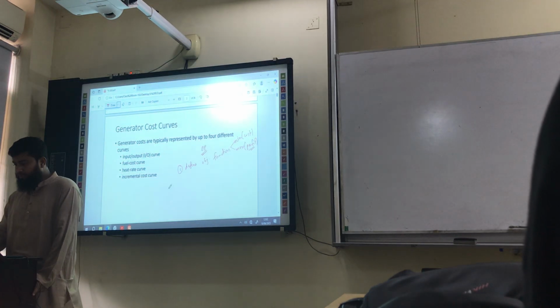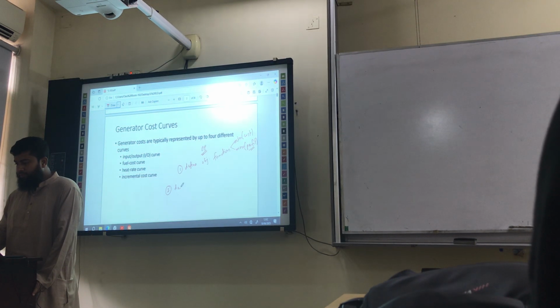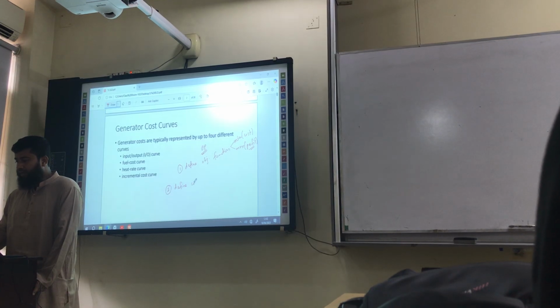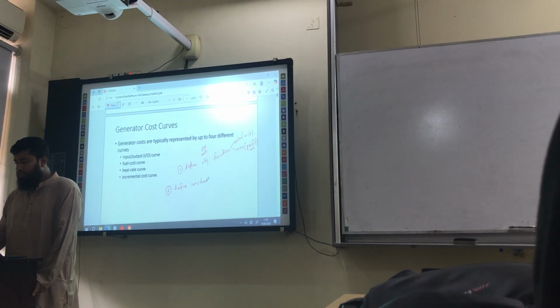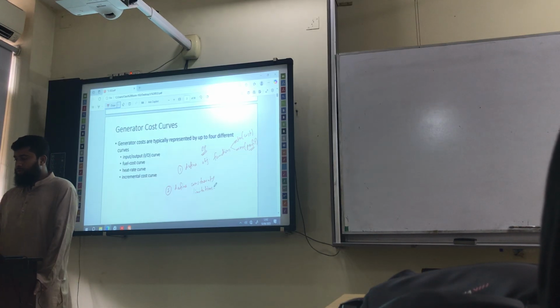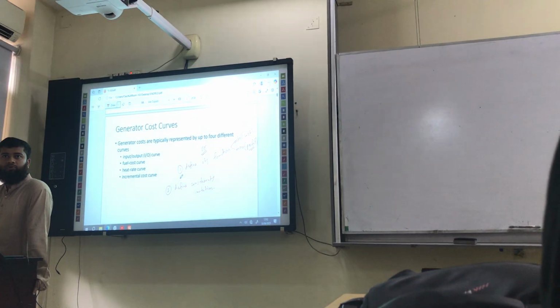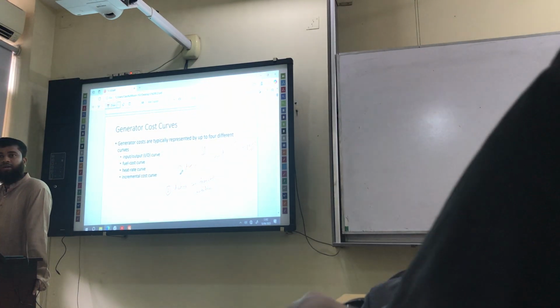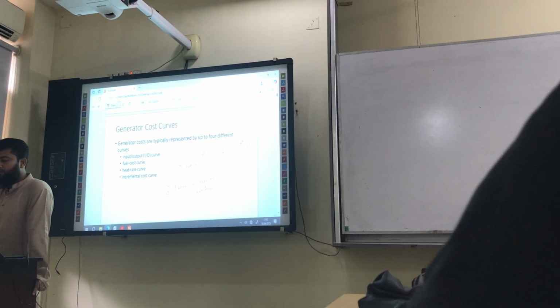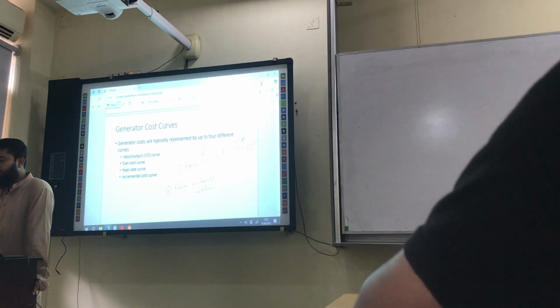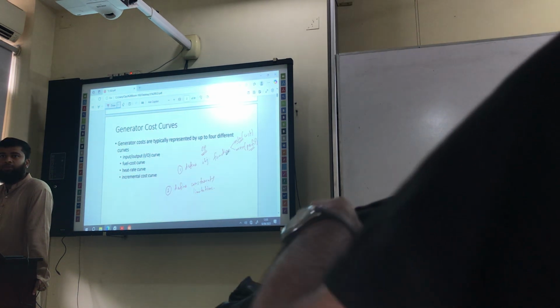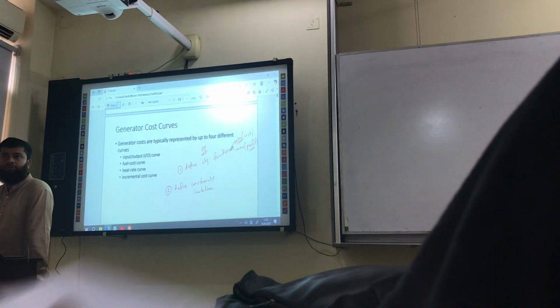Now the next step is to define the constraints. What are constraints? They are nothing but the limitations. If you do not have any limitations or boundary, then your optimization problem will be an unbounded one.